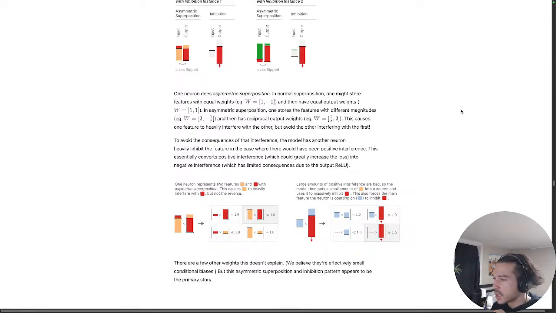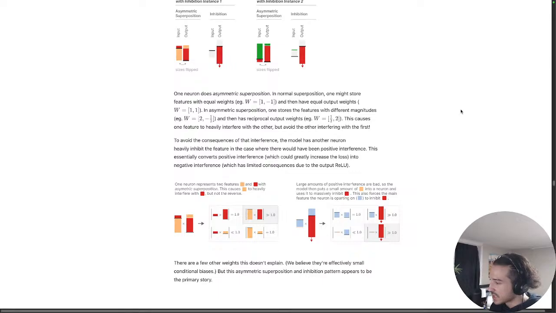And that's for asymmetric superposition. On the right, we have a medium-sized negative blue times the positive medium blue equals 1. The medium negative blue times the big negative red is greater than 1.